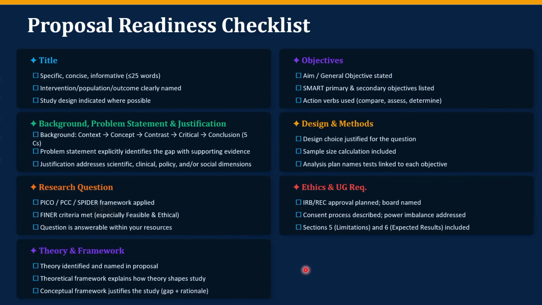Aim and objectives should be stated. They should be SMART and use strong action verbs. We should avoid unmeasurable action verbs such as to study, to examine, or to measure.